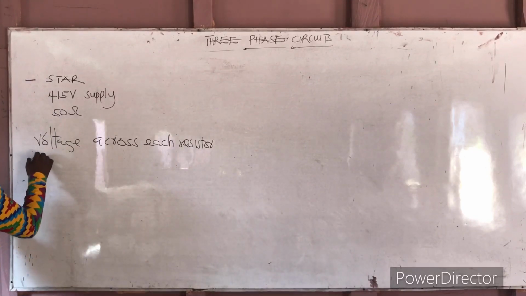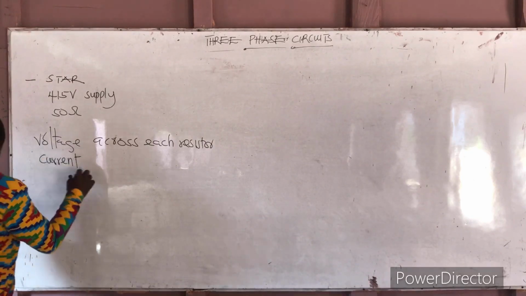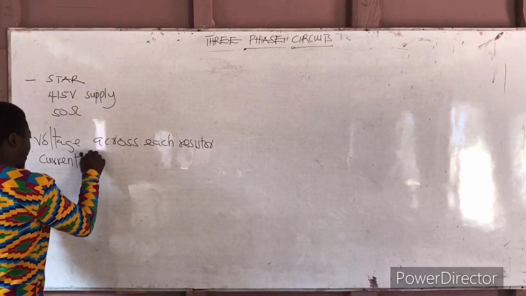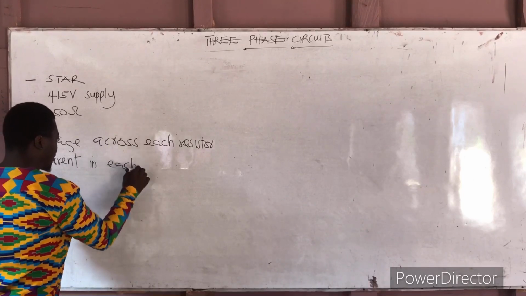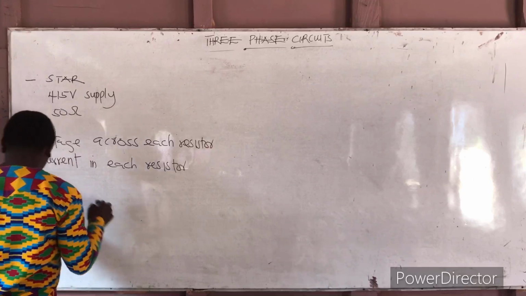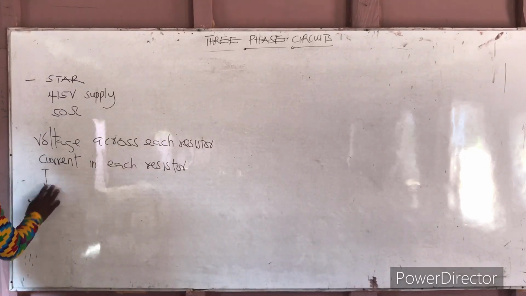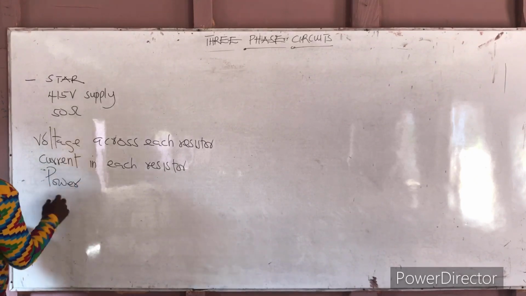Then the second one is the current in each resistor. And the last one is the total power.